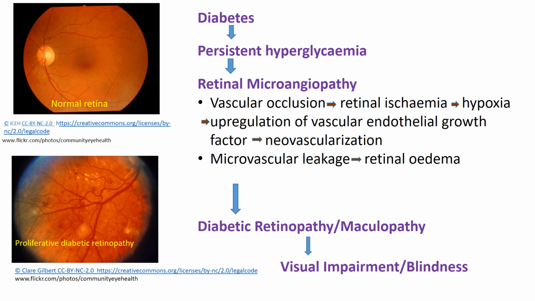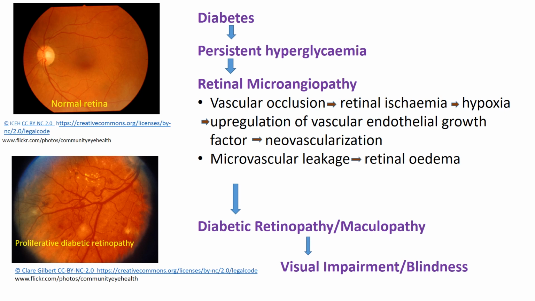The result of that is upregulation of vascular endothelial growth factor, which stimulates neovascularization. This is the formation of new blood vessels over the retina. These blood vessels are weak and bleed easily.